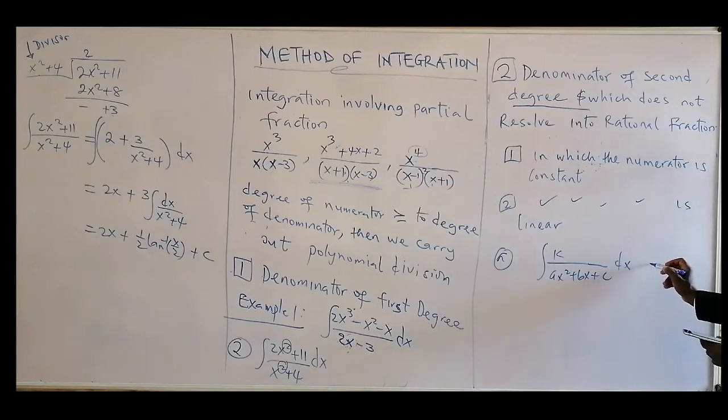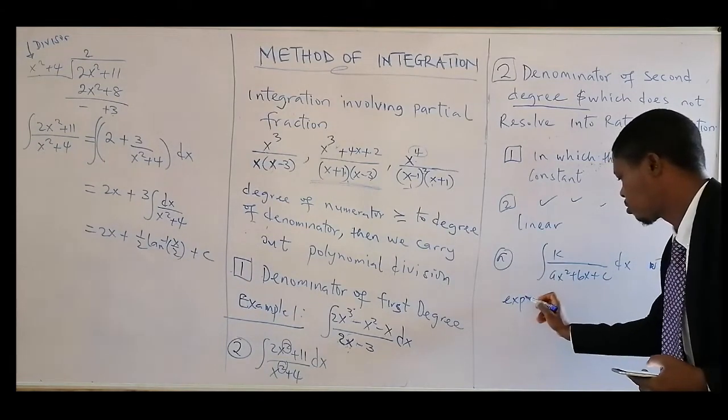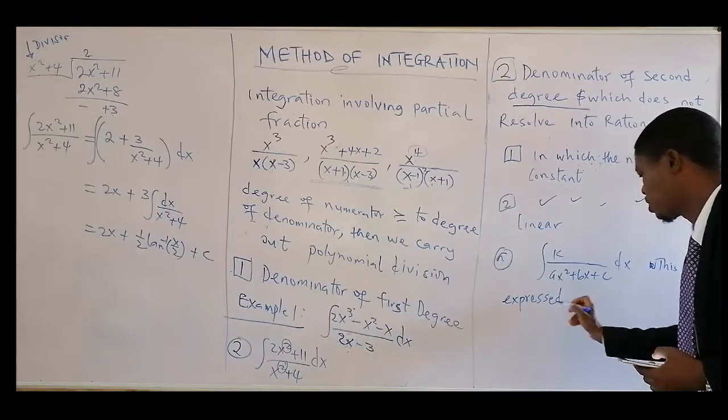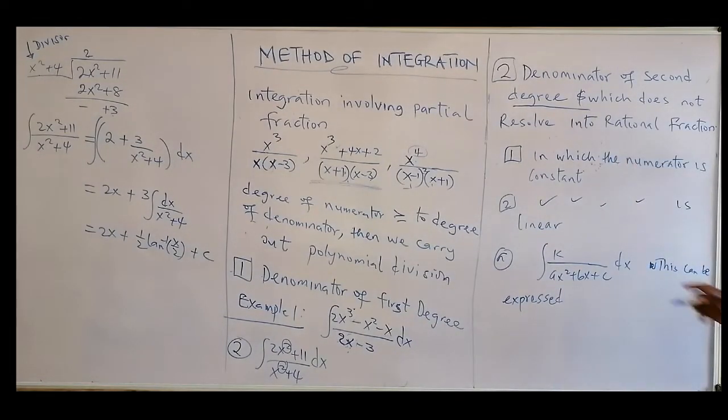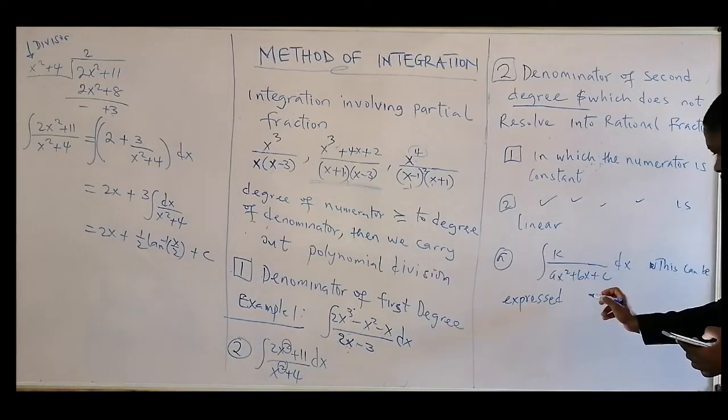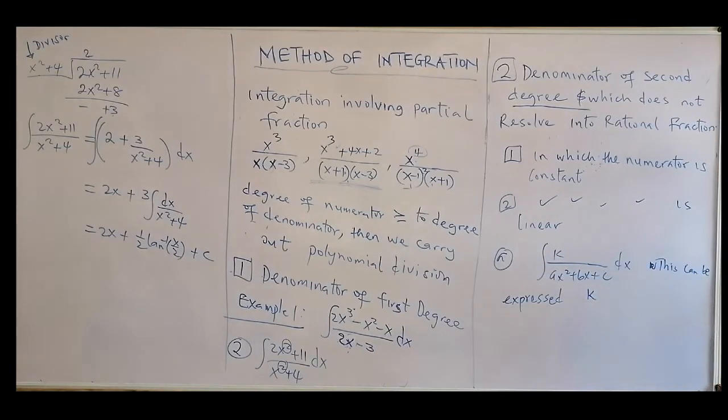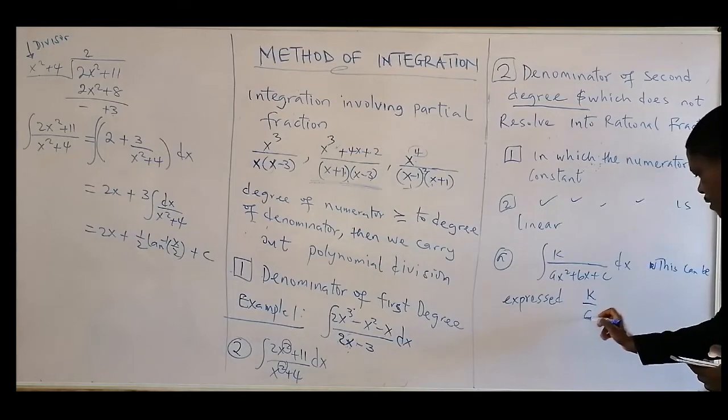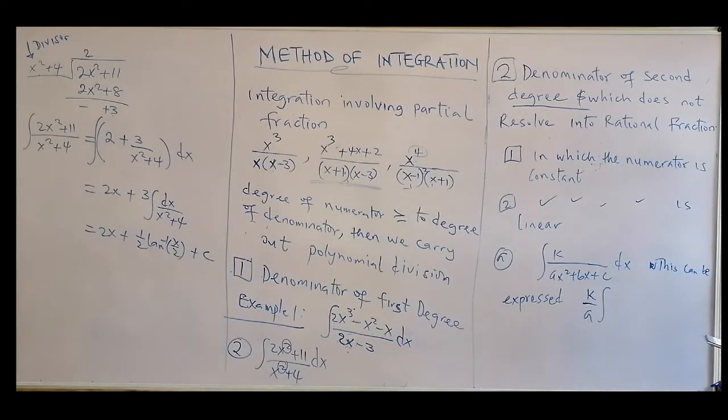And this can be expressed as, we can bring this K outside, and that will be equal to K over A, integral of dx over (x + alpha)² plus or minus beta².